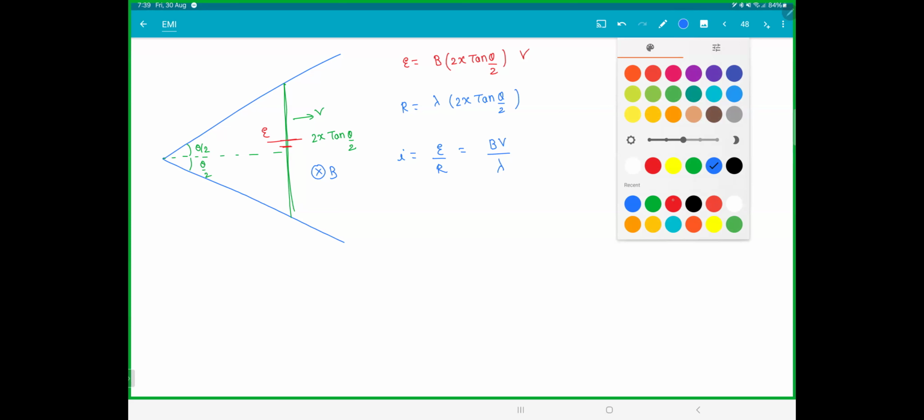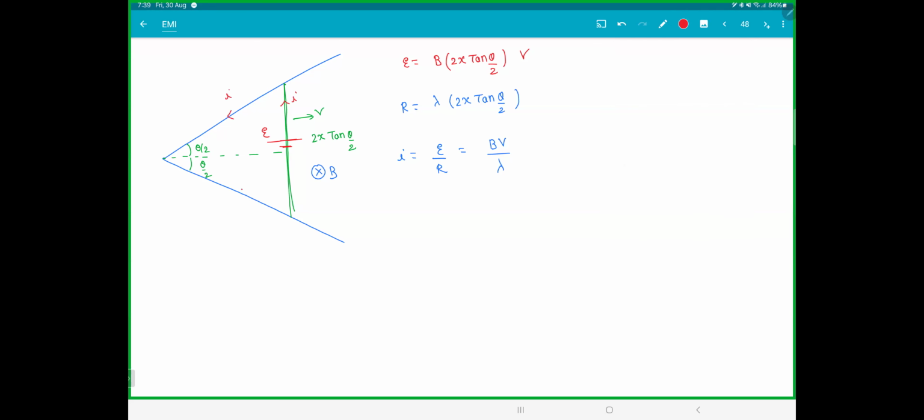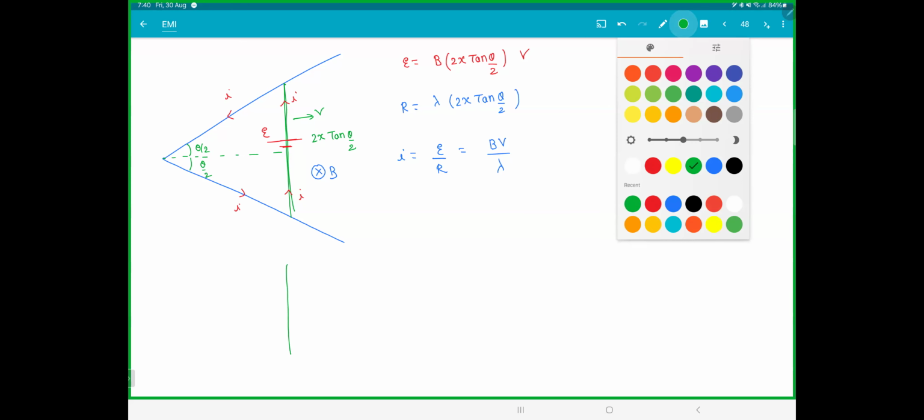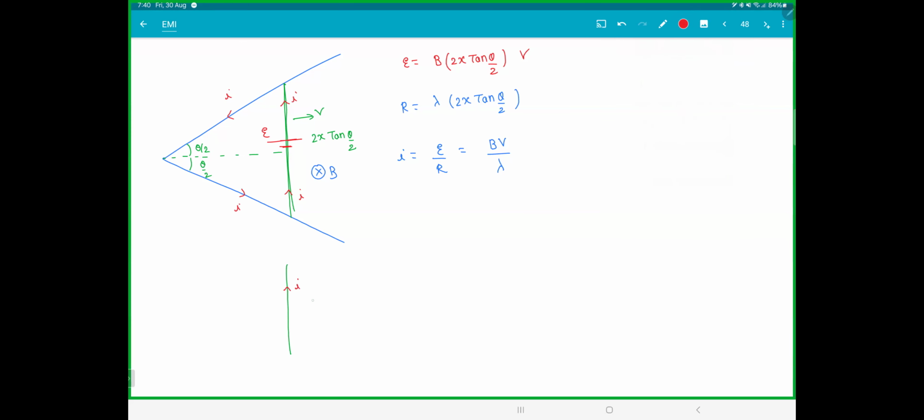Current I is flowing like this. Now, if you look at that green rod and draw an FBD, we have a current I and a magnetic field B. ILB is acting backward. That guy is decelerating. So ILB is equal to ma.